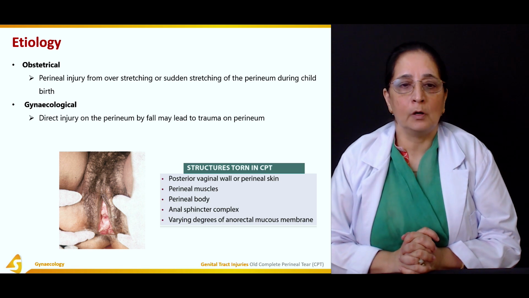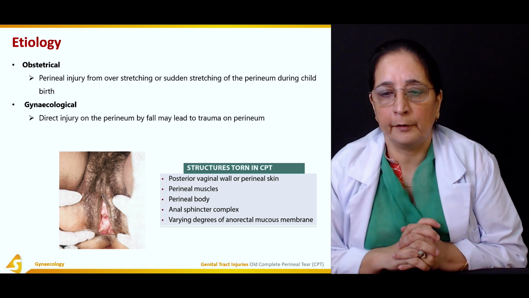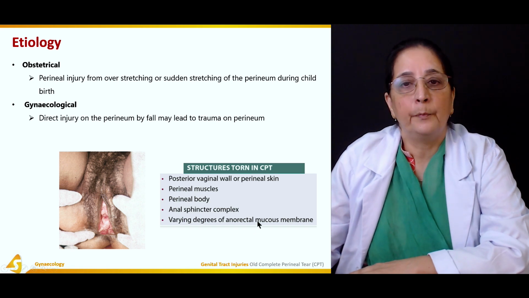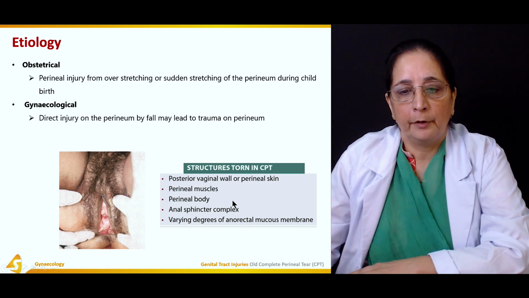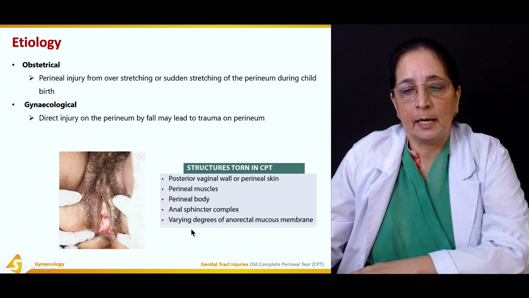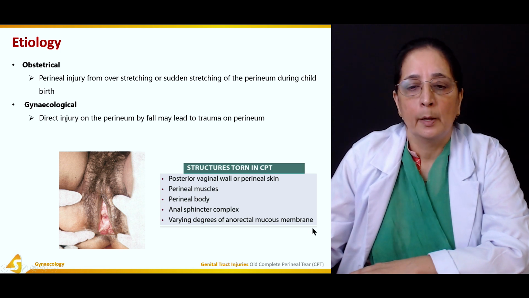Structures which are torn in perineal tear are posterior vaginal wall or perineal skin, perineal muscles, perineal body, anal sphincter complex, and varying degrees of anorectal mucous membrane.